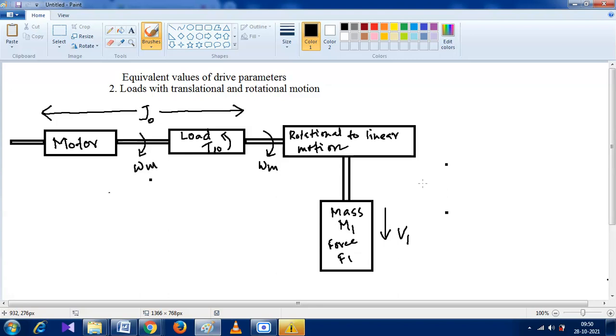In case 2, we see that it is a load with translation and rotational motion, because the first load is in rotational motion and the second load is in translation motion, and we have a system by which we convert the rotational motion into linear motion.